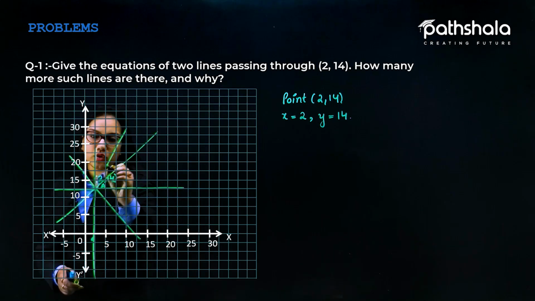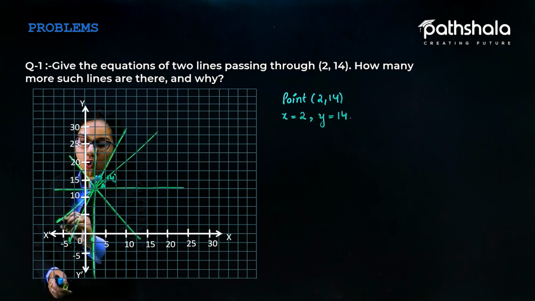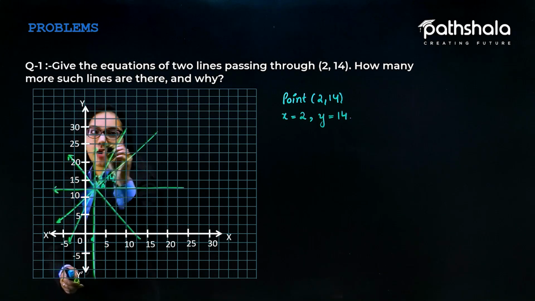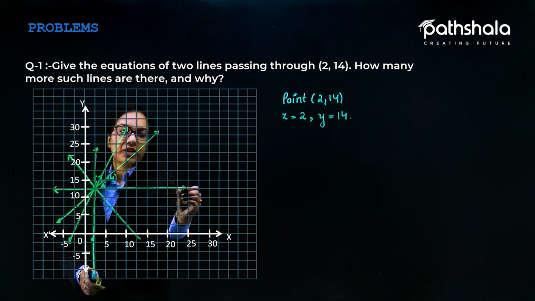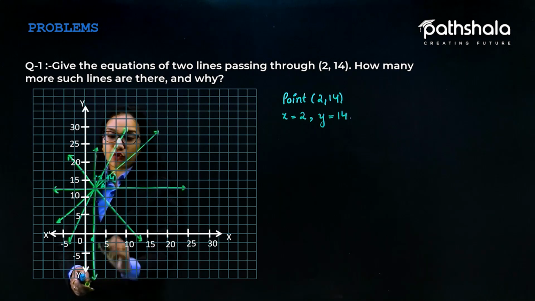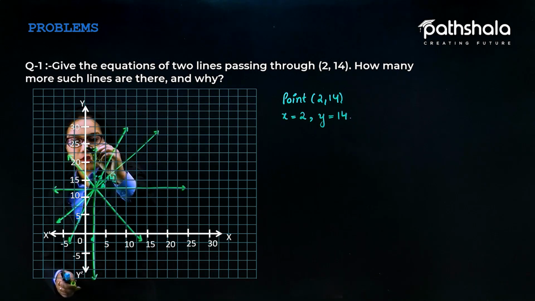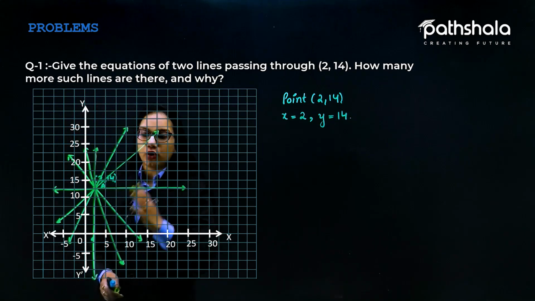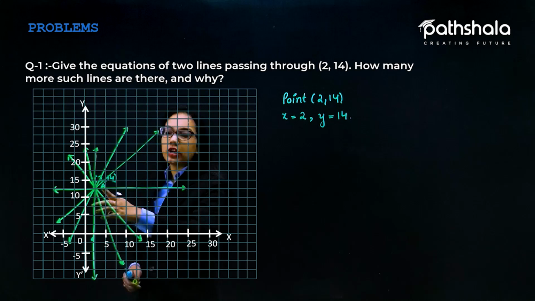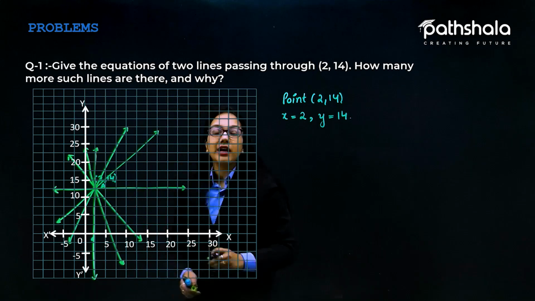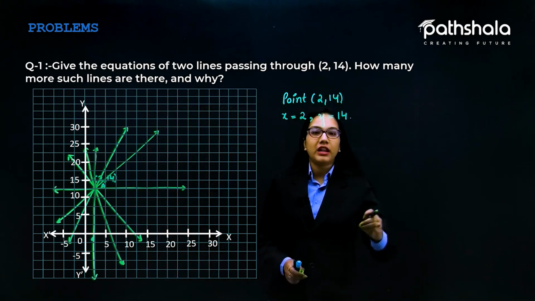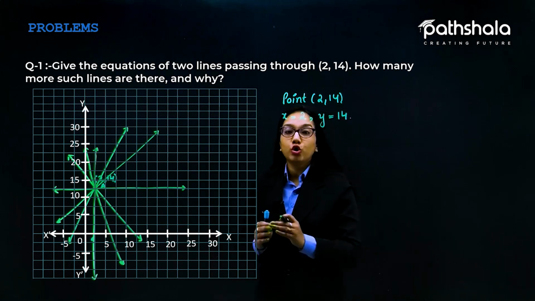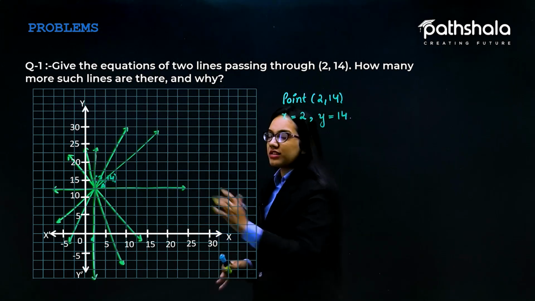Again, this line is also passing through it, and this line too. So all these lines are passing through this point, and in a similar manner I can draw infinitely many lines that will pass through this particular point. It means that infinitely many lines will pass through the point (2, 14), as you can see over here.